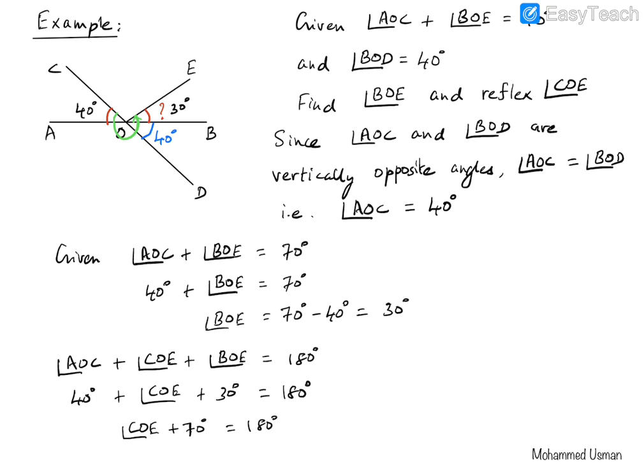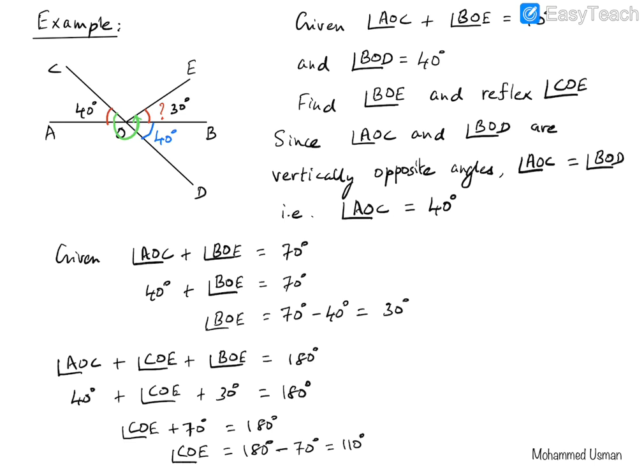From this we can calculate angle COE equals 180 minus 70, that will be 110 degrees. So we have found the angle COE, which is 110 degrees.